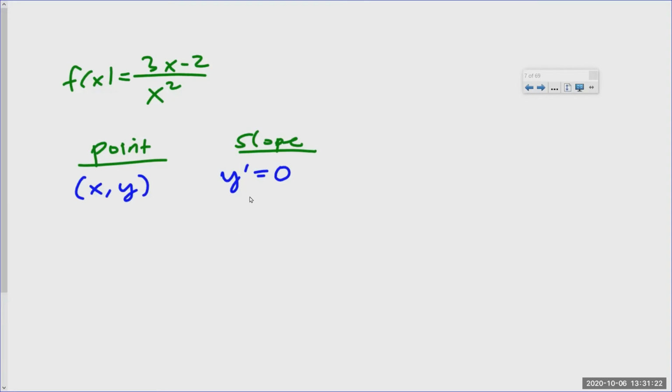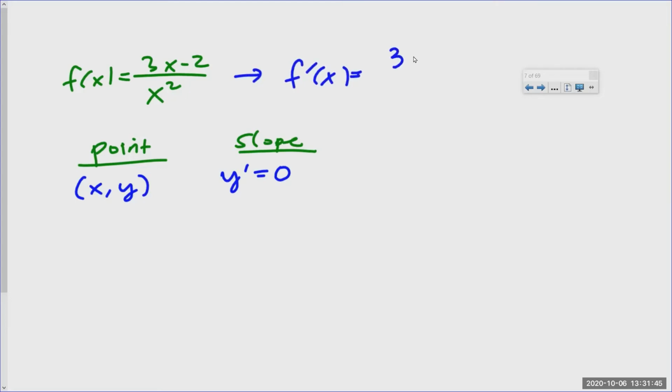Okay? All right. Y prime is equal to 0. How can I find x? I need to find x out of y prime equals 0. How can I do that? How do I find y prime? Yeah, you have to take the derivative. So let's go. The derivative, or f prime of x, is equal to, do you see its quotient rule?